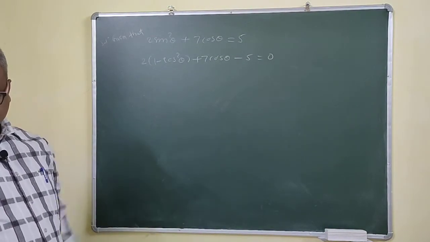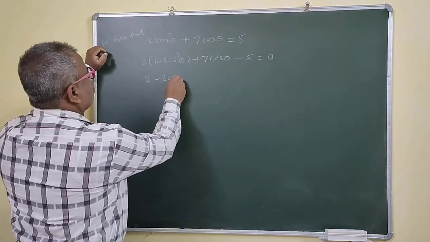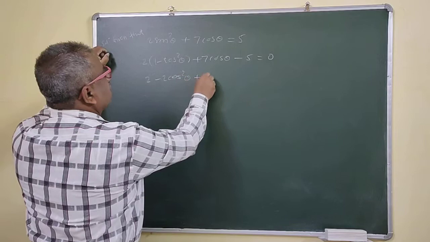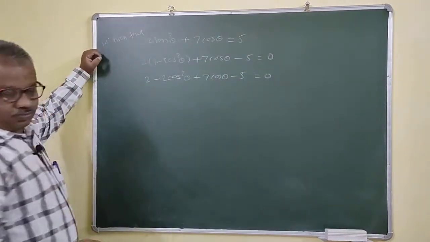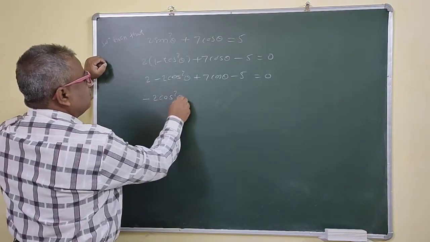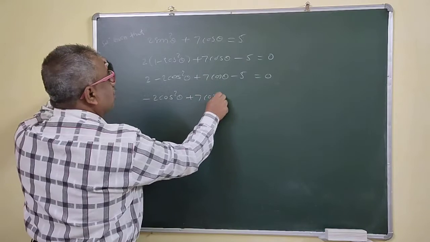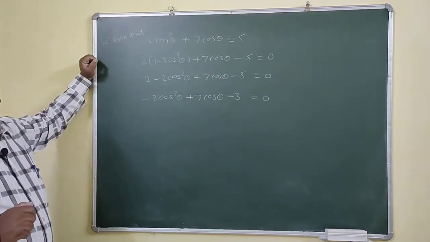So we'll take the 5 here. Then this is 2 minus 2 cos square theta plus 7 cos theta minus 5 is equal to 0. Right? So this is minus 2 cos square theta plus 7 cos theta minus 3 is equal to 0.